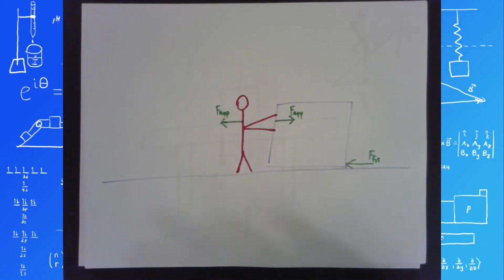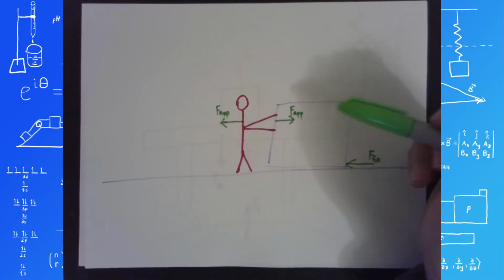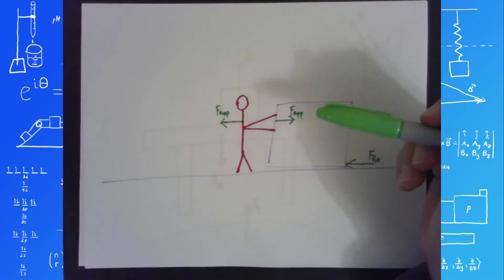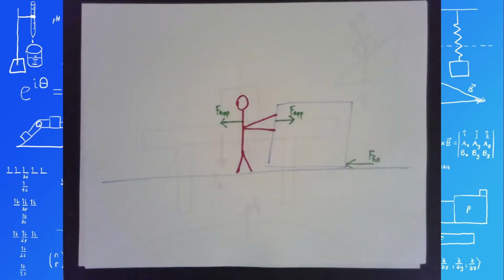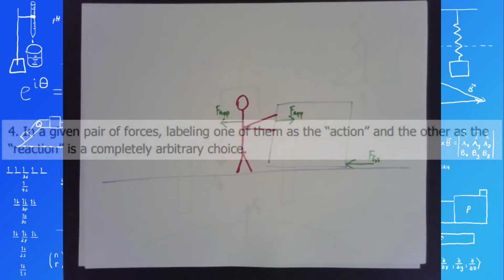So as soon as you push harder against a wall or against the floor, you immediately feel the floor or wall pushing back against you just as strongly. They increase together, they decrease together, they appear together, they disappear together. It always happens at the same time, which leads us to number 4.